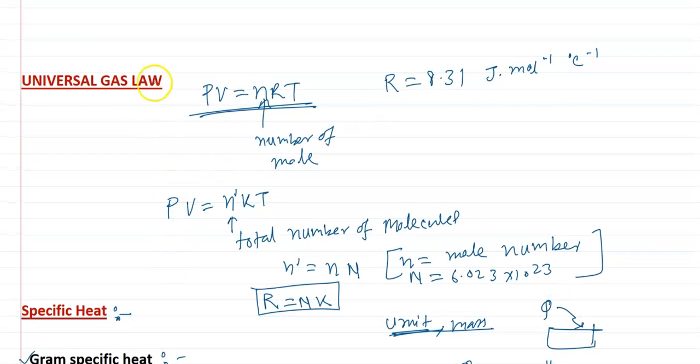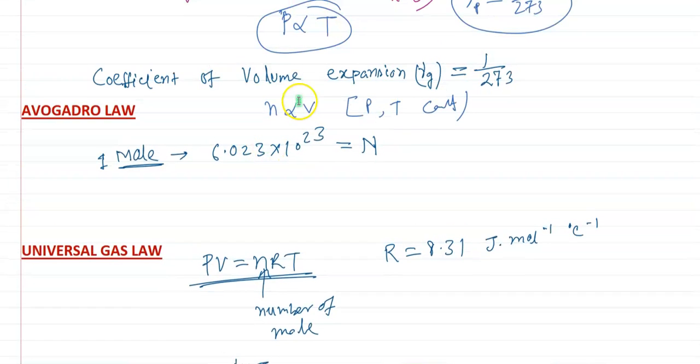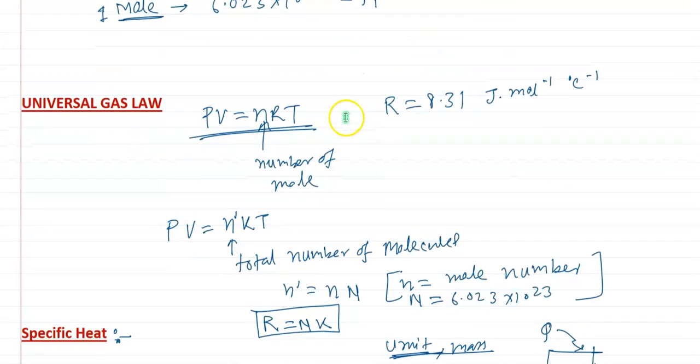Now the universal gas law. Boyle provides his law when temperature and number of molecules are constant. Charles provides his law when pressure is constant, volume is proportional to temperature. And Avogadro provides his law that when pressure and temperature are constant, number of molecules is proportional to volume.